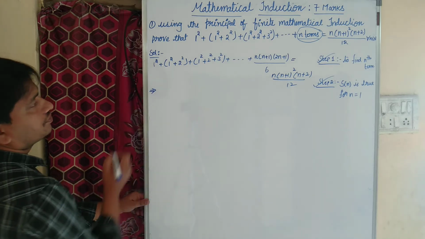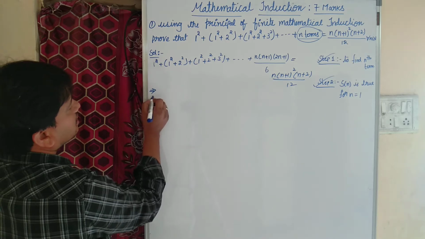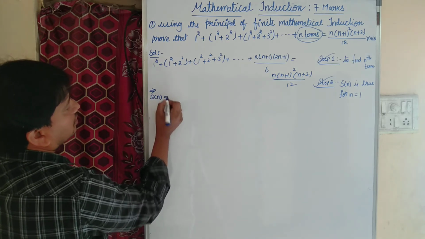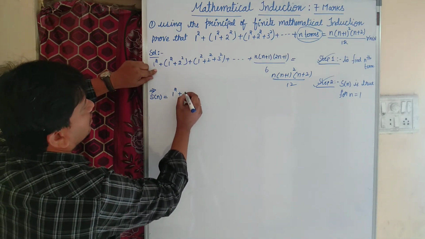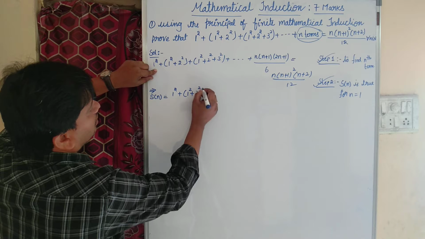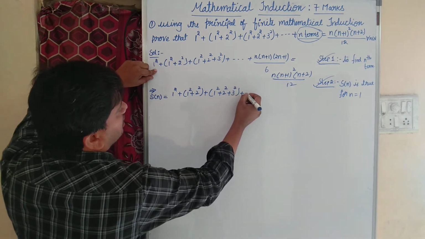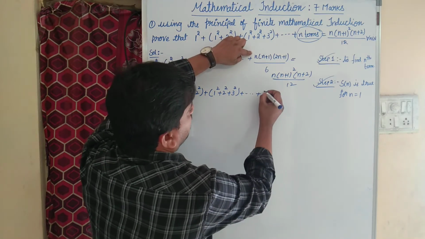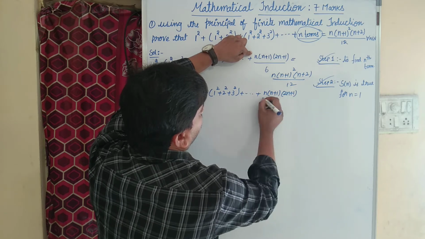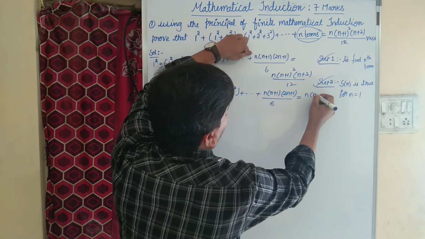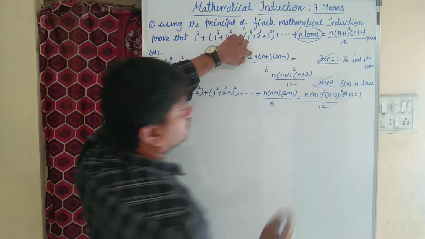Now the second thing is what we need to do? We need to consider the given sequence as S of n, that is equal to 1 square plus 1 square plus 2 square plus 1 square plus 2 square plus 3 square plus and so on plus nth term is n into (n plus 1) into (2n plus 1) by 6 equal to n into (n plus 1) whole square into (n plus 2) by 12.